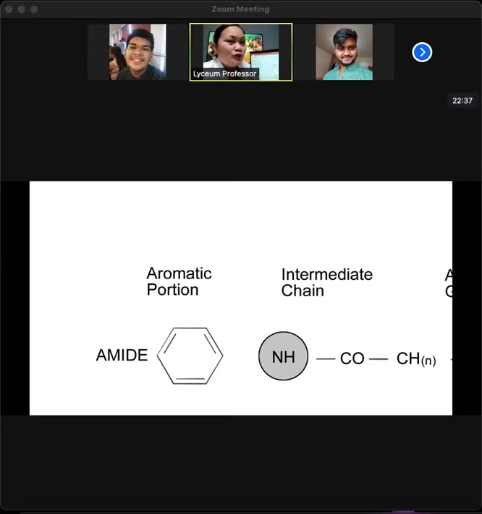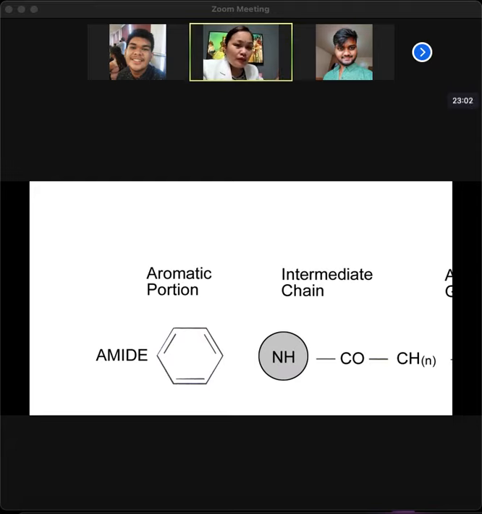Okay? So for our local anesthetics, we have three parts. The aromatic portion, which is characterized as amide or ester. Then the intermediate chain, and then the amine group.